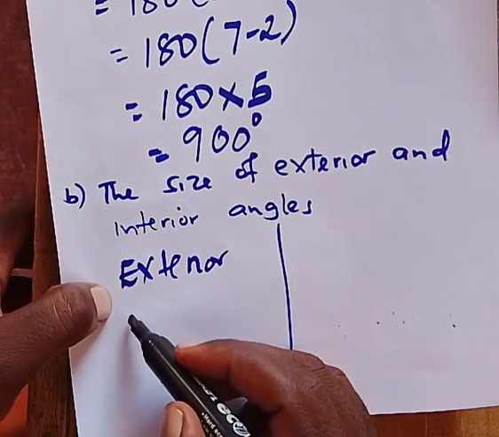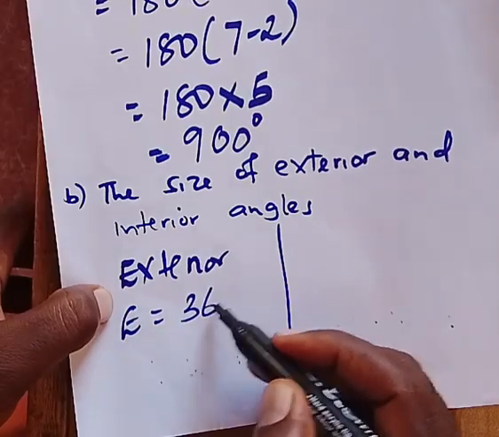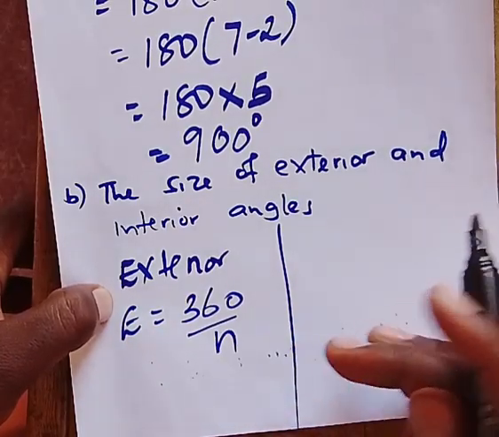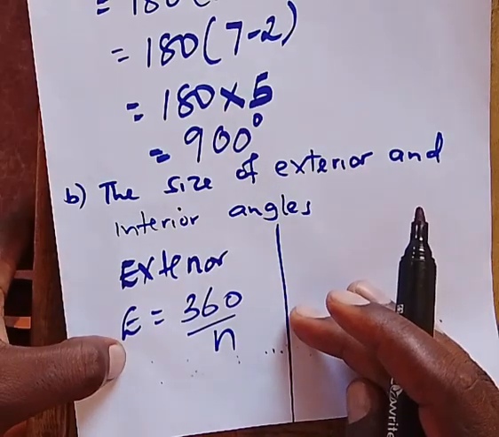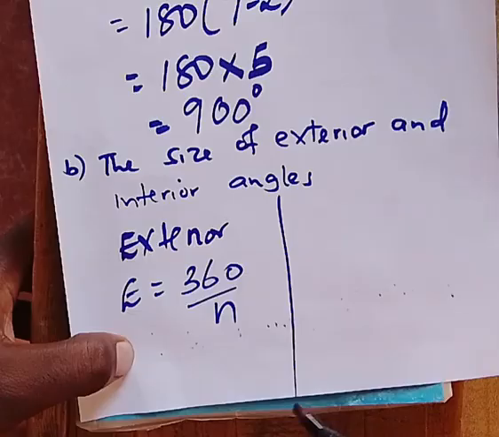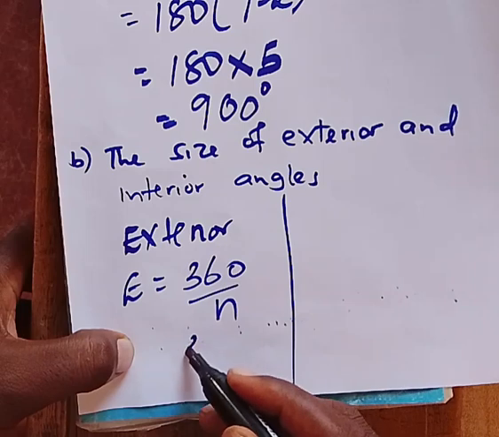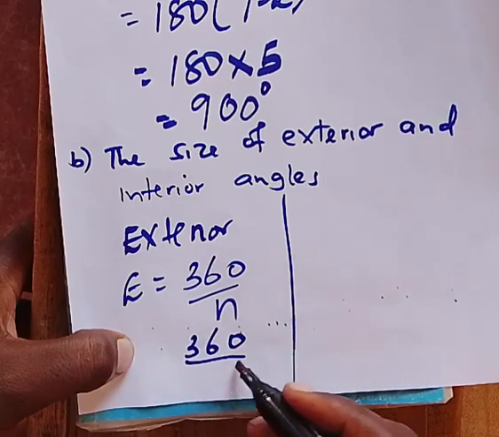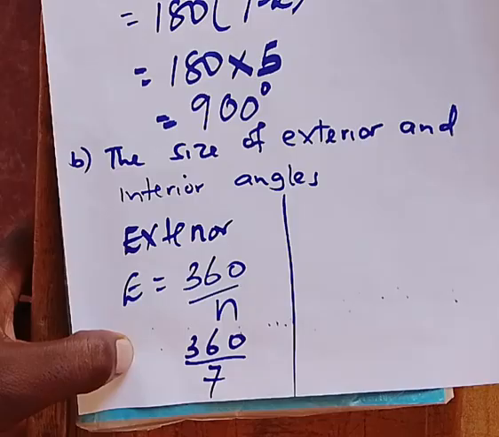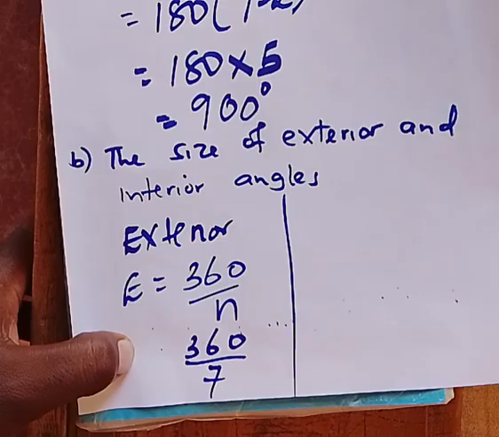Next, the size of the exterior and the interior angle. We start with the exterior. To get the exterior is 360 over n, and n is 7, so we will have 360 divided by 7. You can try to use a calculator or use the long division method.